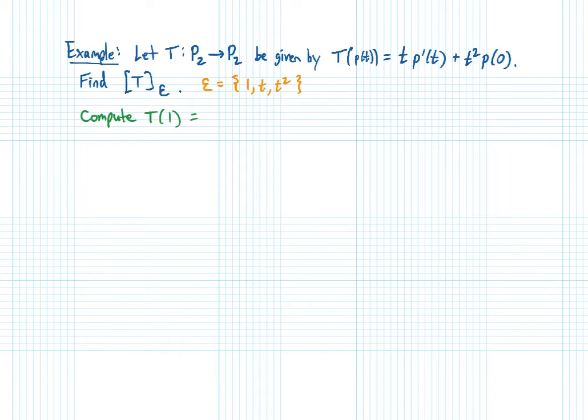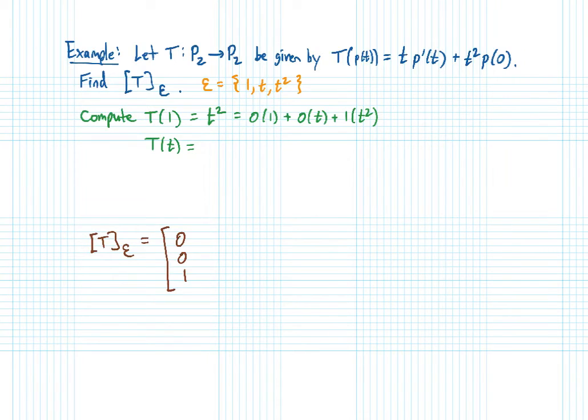So when we calculate T of 1, the derivative is 0, and p of 0 is 1, and so we get t squared. And then, of course, if we write t squared as a linear combination of 1, t and t squared, that linear combination is 0 times 1 plus 0 times t plus 1 times t squared. So those numbers, 0, 0, and 1, become the first column of the matrix. And then to get the second column, we do the same thing for t.